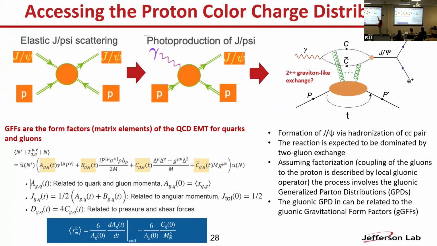In order to apply the factorization and to link this to gluonic GPDs, you need high mass quarks. You cannot do it with rho, omega, phi. Okay. Thank you.